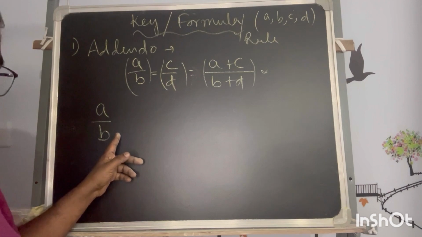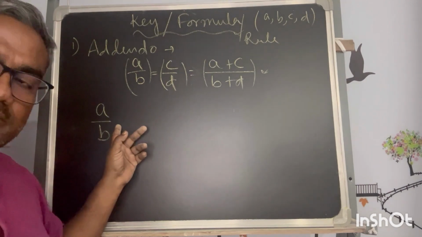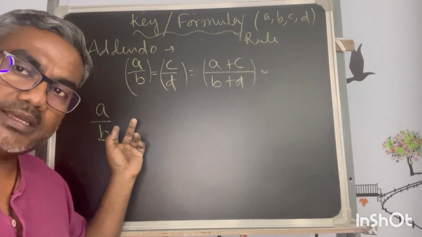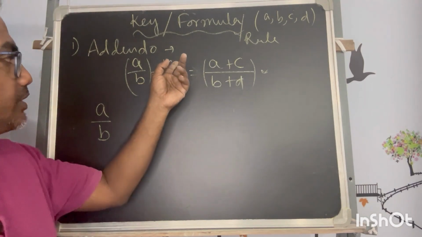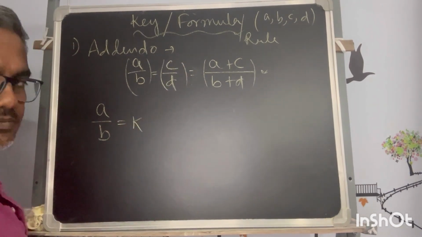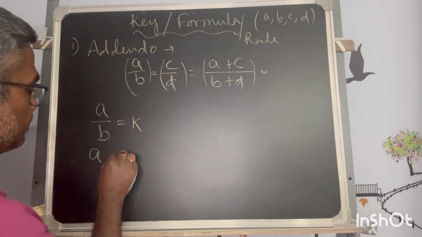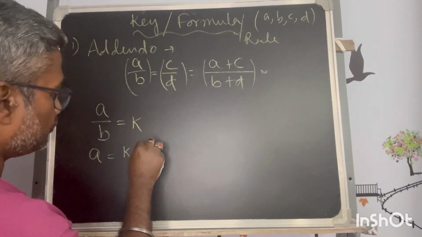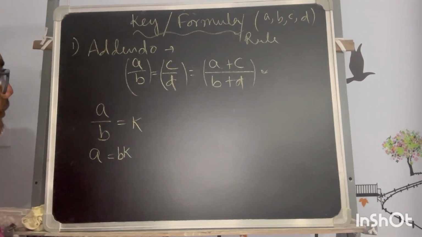So A and B are in direct proportion, so as C by D. So we can take this as a constant, as I explained earlier. So A is equal to K into B, or BK you can write.